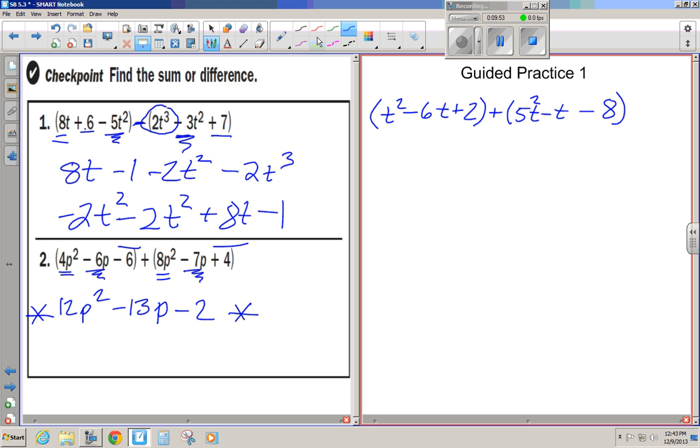So combine like terms, t squared plus 5t squared. Negative 6t with a negative 2 or negative t, and then a 2 and a minus 8, and you're done.